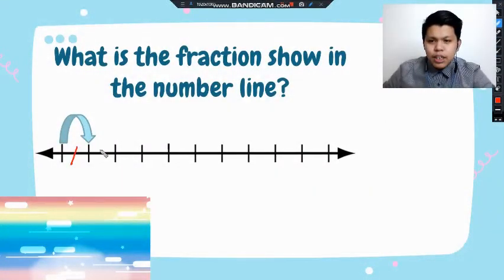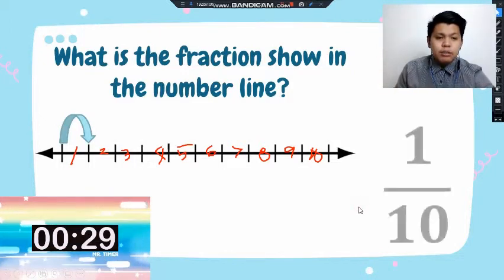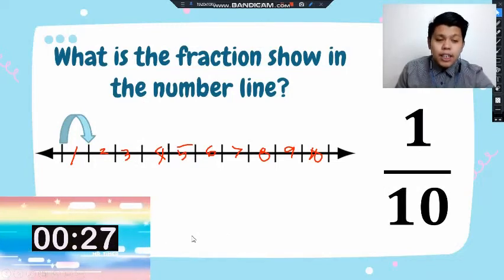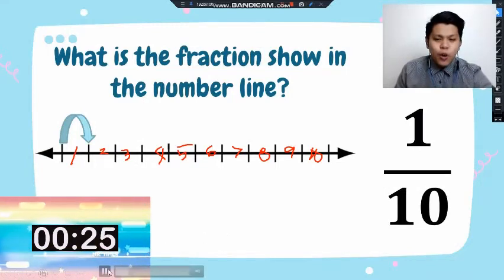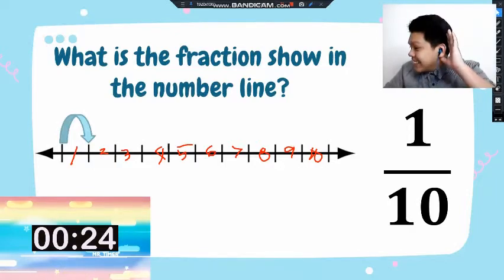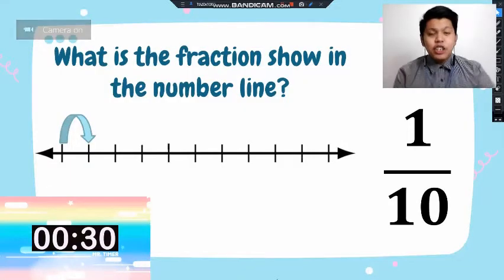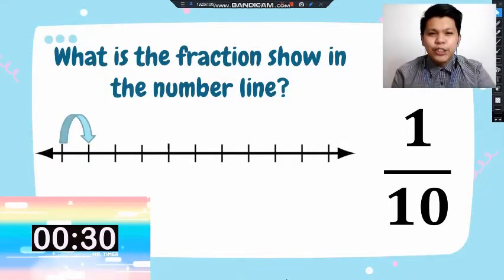So we have 1, 2, 3, 4, 5, 6, 7, 8, 9, 10. A total of 10. That is our denominator, and 1 equal jump. So that will be 1/10. I hope you got all the 5 answers correctly. Great job. Now, let's go with our topic for today.